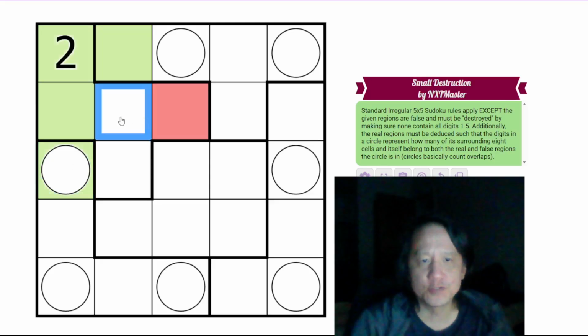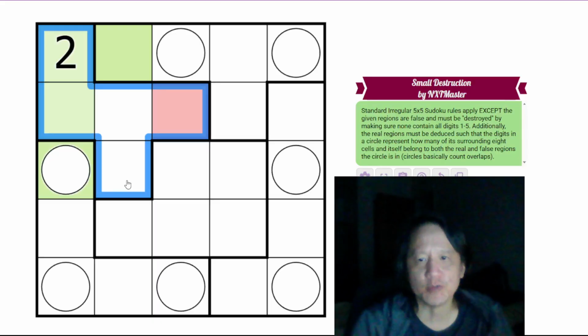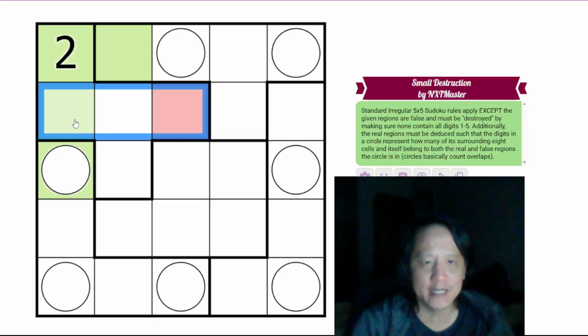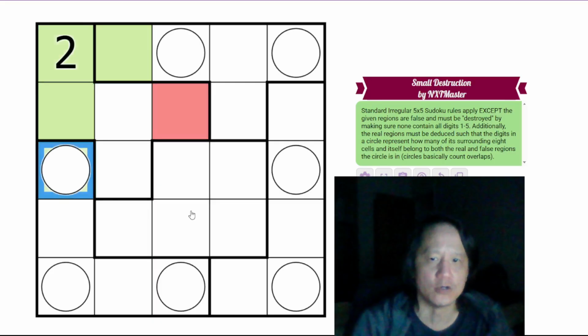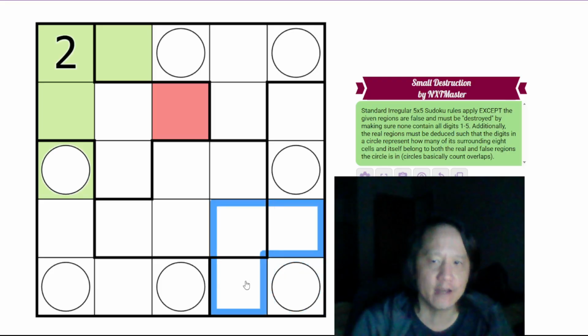And the false regions, which are the given regions we have, cannot contain all the digits 1 through 5. There must be a duplicate somewhere in the region. Additionally, the real regions must be deduced such that the digits in a circle represents how many of its surrounding 8 cells and itself belong to both the real and false regions the circle is in.